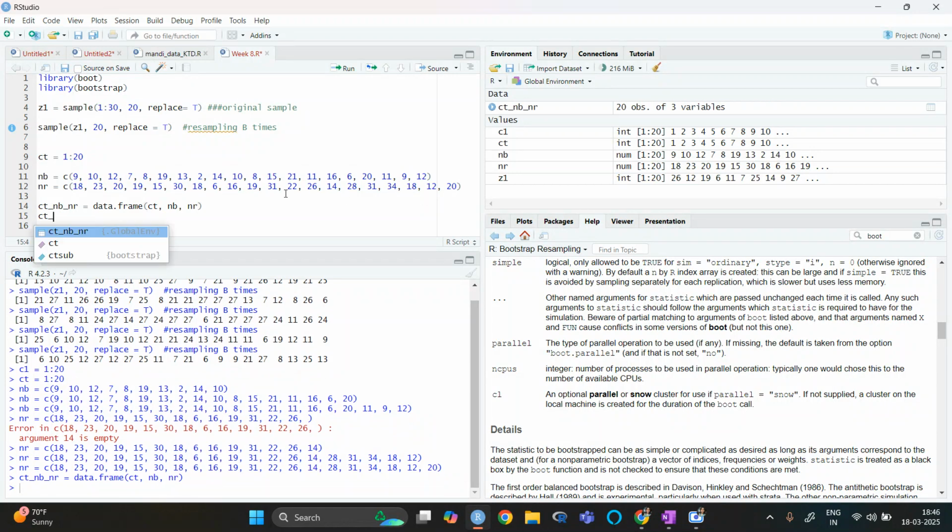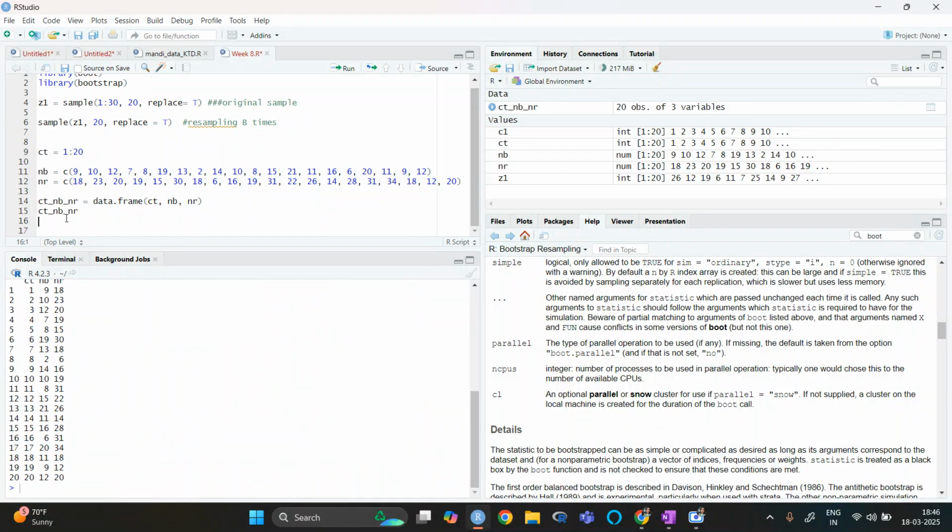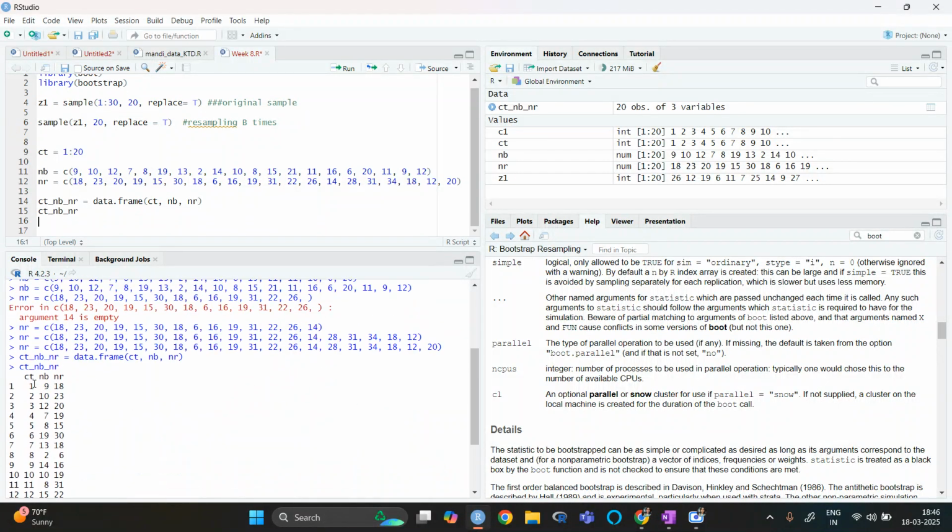So this is our data frame: these are the cricketers, this is the number of balls, and these are the number of runs they have made.